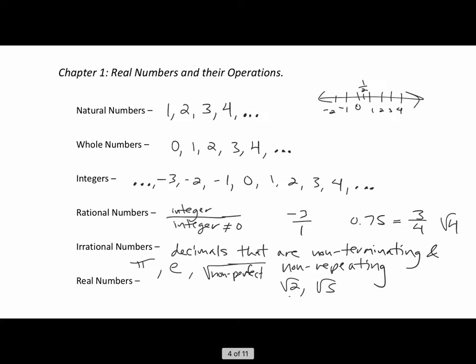So just the square roots of non-perfect squares are going to be irrational numbers. And so what are real numbers? All of the above. All the rational or irrational numbers are considered real, so everything on your number line.